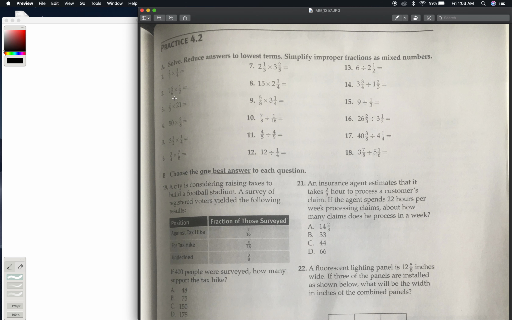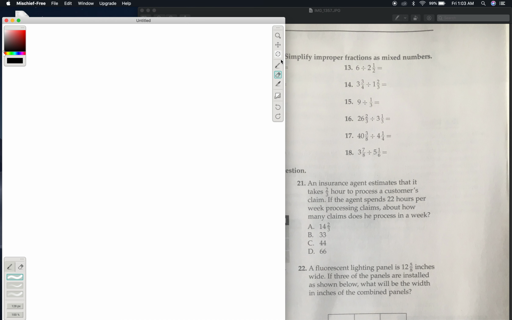The second one is 1 and 5 over 6 times 1 over 2. Remember, anytime the number on top is half the number on the bottom, we know that it equals half.